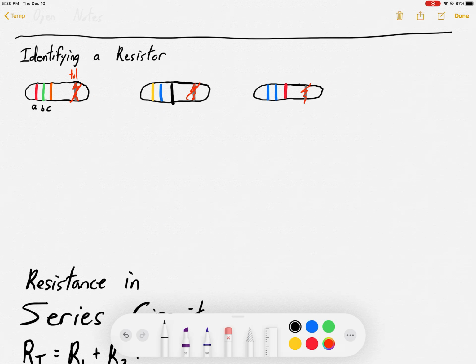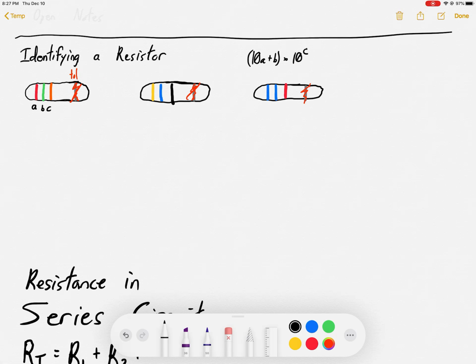If you want to create an equation to kind of help simplify what this is, it would be 10 times that first stripe plus the value of the second stripe, times 10 to the power of the third stripe, and so then you can actually just plug that into a calculator, and that would give you the number. But we're gonna see here that that can be a little bit more simplified.